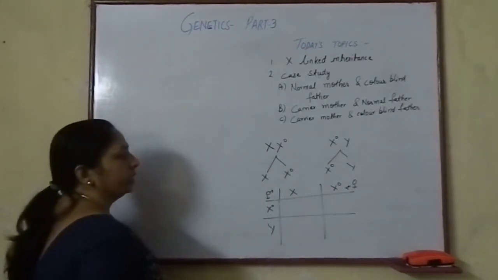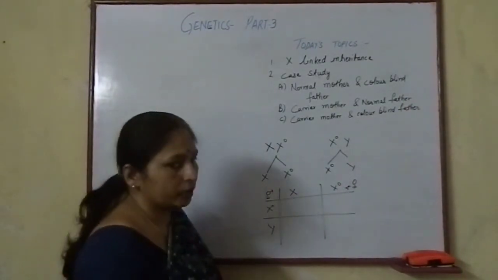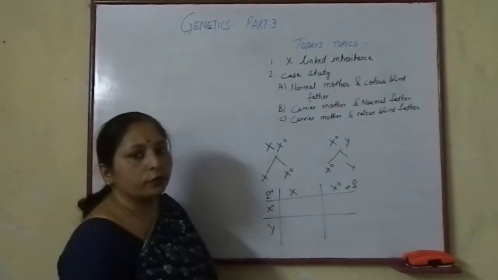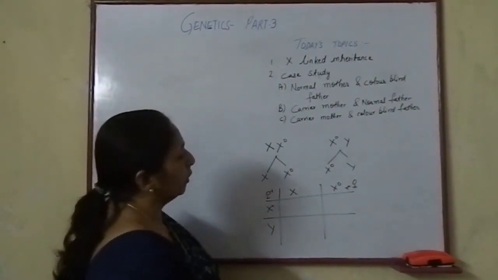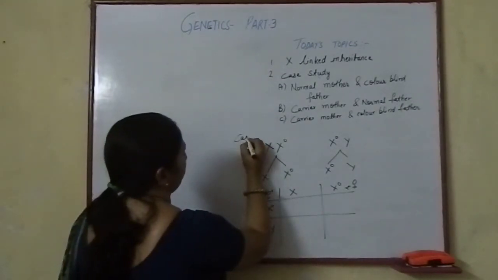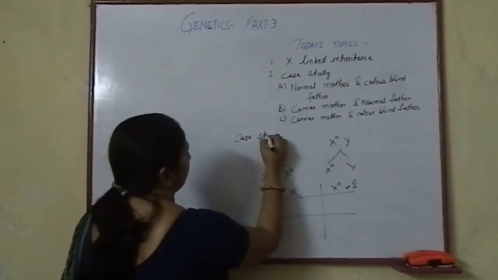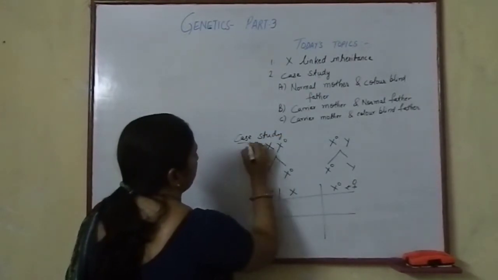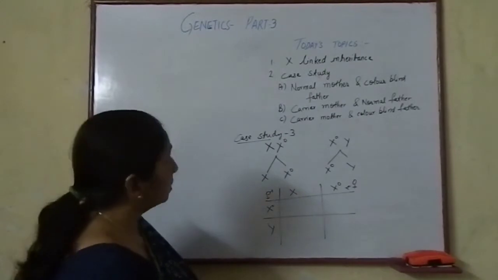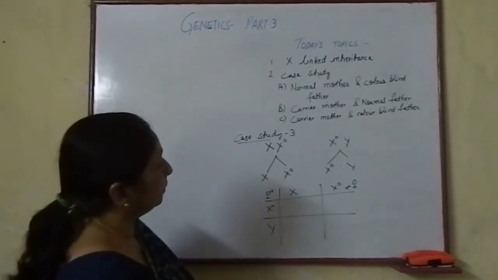Now you have to make the Punnett square and predict the probable conditions for the defective gene in the offspring of case study 3. This is your homework.